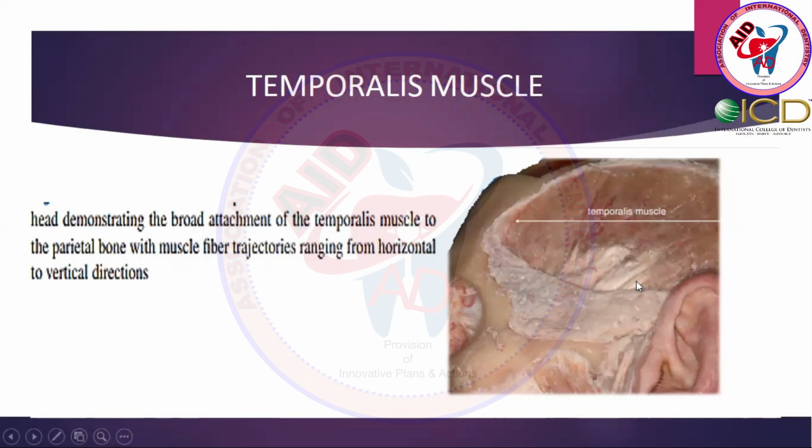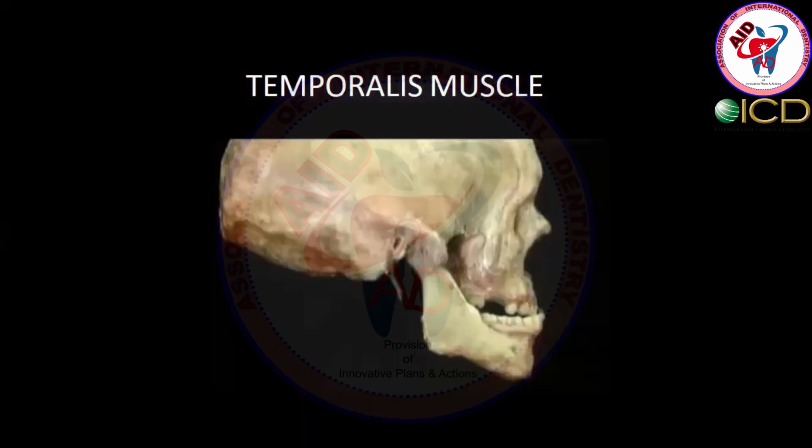I used to say that it is like our Balochistan, where there is less population but a very big area. It is like Antarctica, a very big area, but the population is less. It is a big muscle, but the thickness is less as compared to that of the masseter muscle.